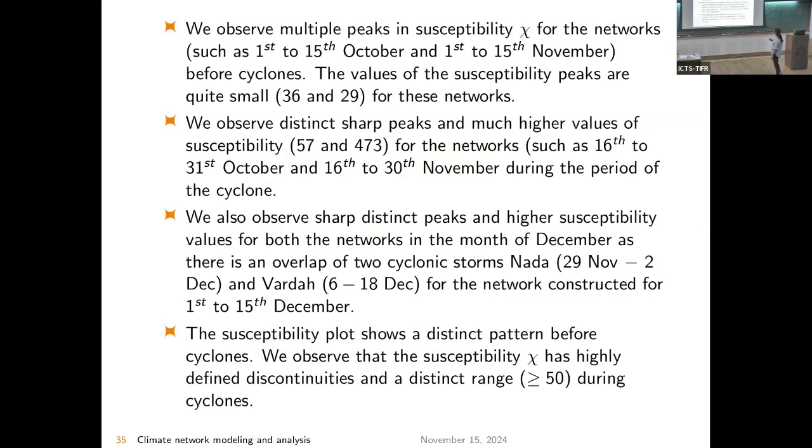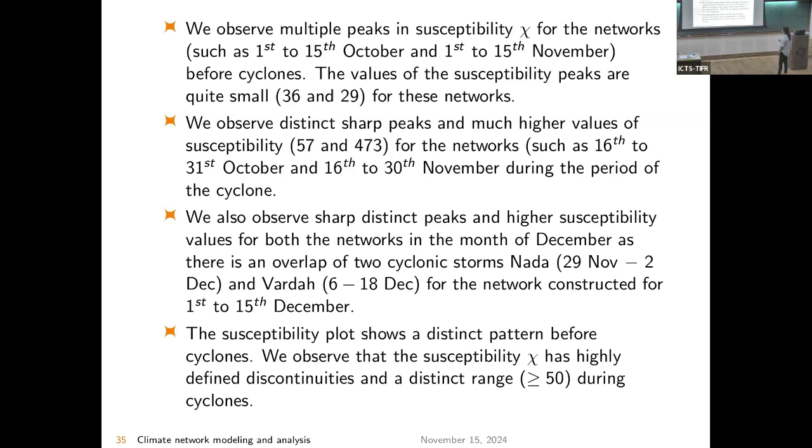We observe multiple peaks of susceptibility for the networks before cyclones, and the susceptibility peaks are quite small for these networks before cyclone. We observe distinct sharp peaks and higher values of susceptibility for the networks during the cyclone.